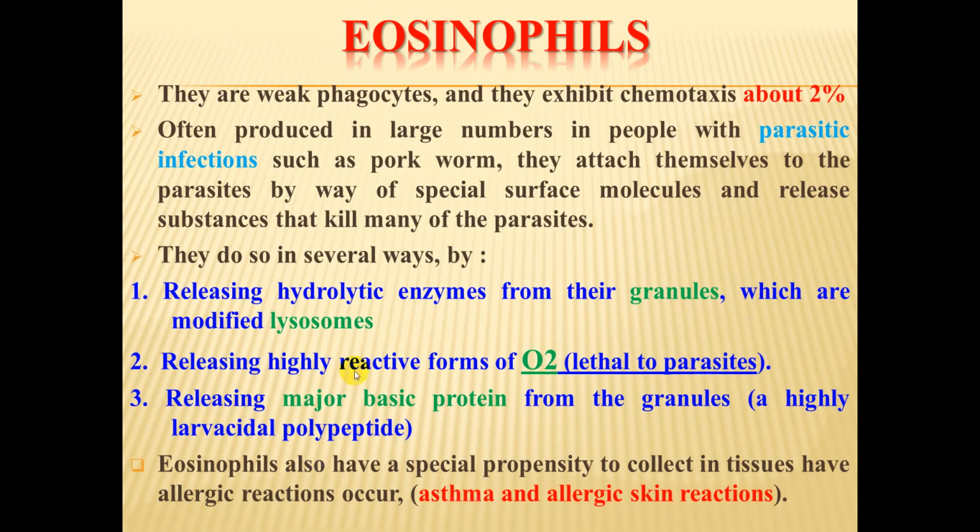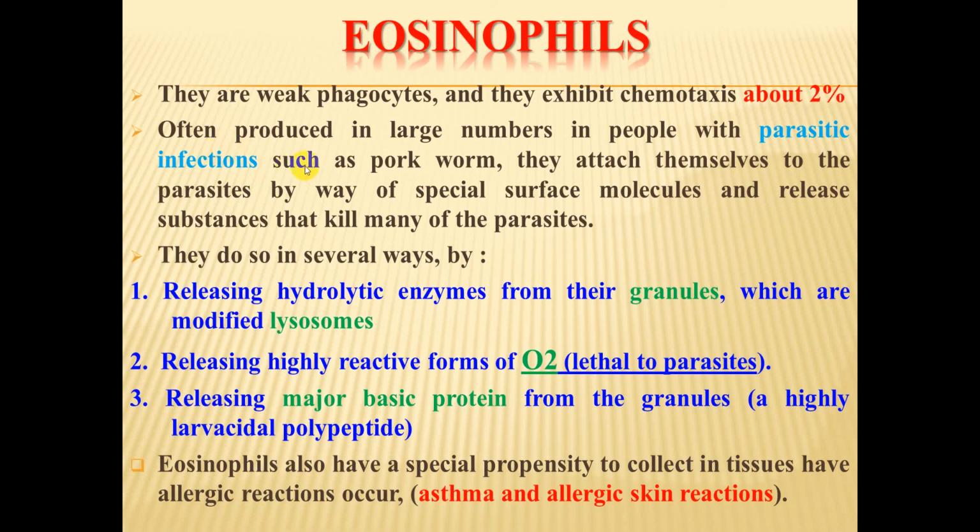Eosinophils, they are weak phagocytes and they exhibit chemotaxis, about 2%. إذا الفاجوسايتوسيس موجودة يعني able to phagocytose the foreign body لكن يكون الباور مالتها very weak.